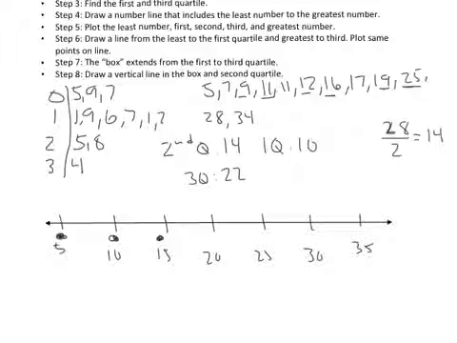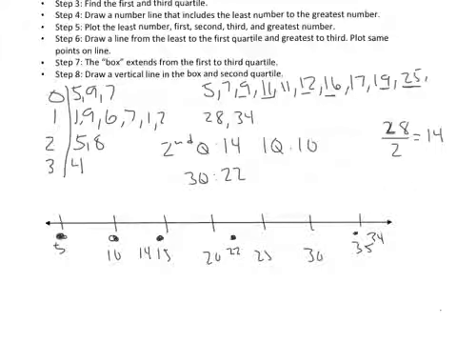My third quartile is 22, which is in between 20 and 25, a little bit more towards 20, so we've got a point there. And then my greatest number is 34, like I said earlier, so we're going to put it right there. All right, so we've got all my points plotted: a 5, a 10, a 14 right here, a 22, and a 34.